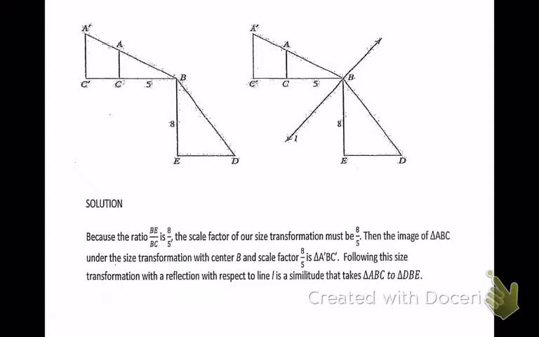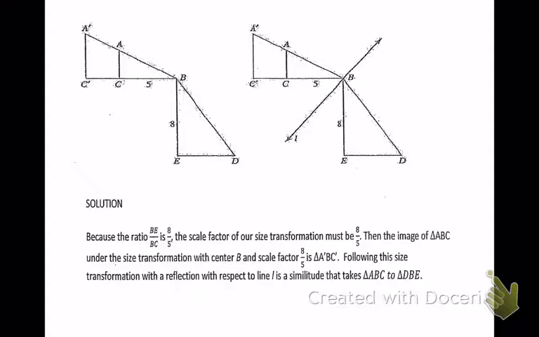So I'm going to multiply BC times 8/5, and that's going to tell me where C prime is. And I do the same thing with AB. I multiply it times 8/5 and then make it that length, and so on. Then the image under the size transformation with center B and scale factor 8/5 is A prime, B, C prime.